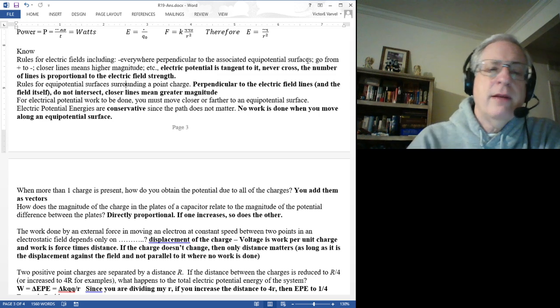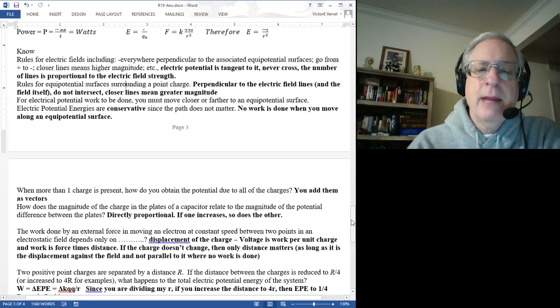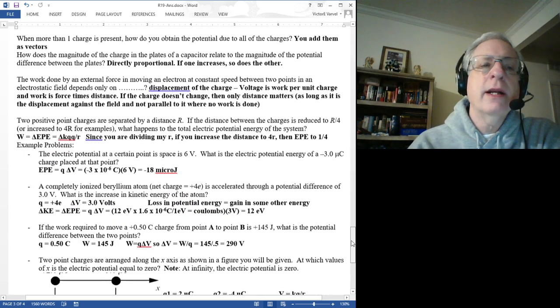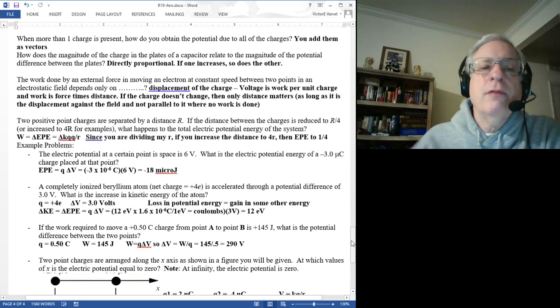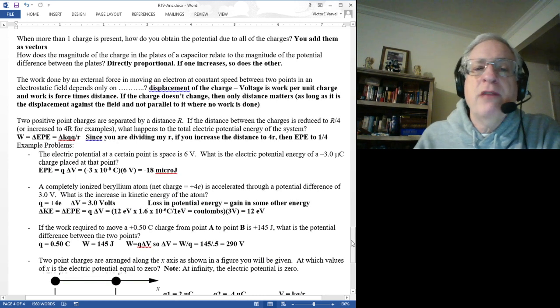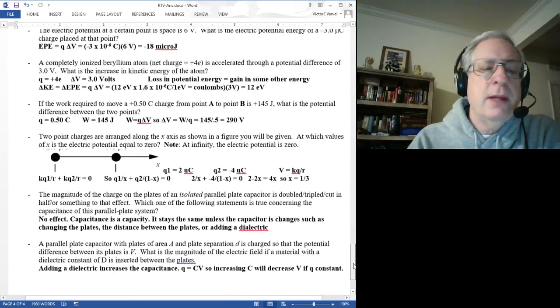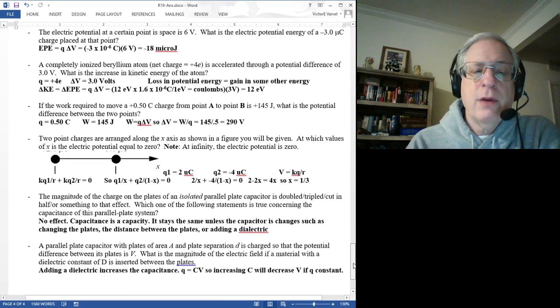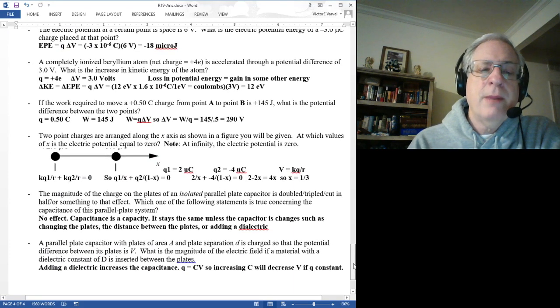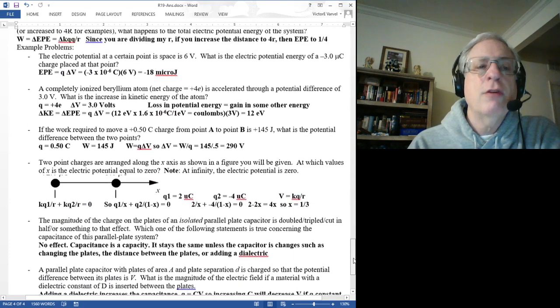All right, so how do we add these? We add them as vectors. These are vector quantities. How does the magnitude of the charge in the plates of a capacitor relate to the magnitude of the potential difference between the plates? If I go down here a little bit, remember the equation is Q equals CV. Charge is equal to capacitance times electrical potential.